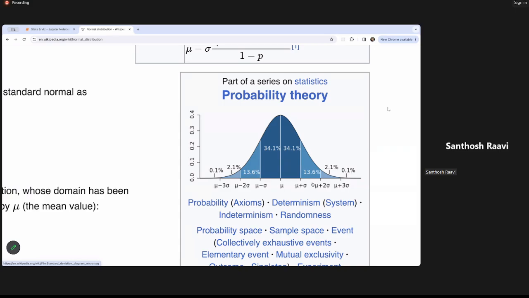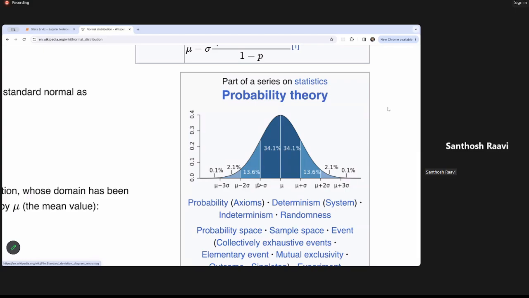Now if you go beyond that, to two standard deviations on both sides, what is the data here? 13.6 and 13.6 means 27.2, and 27.2 plus 68.2 is about 95.4%. So 95.4% of the data will fall within plus or minus two standard deviations.